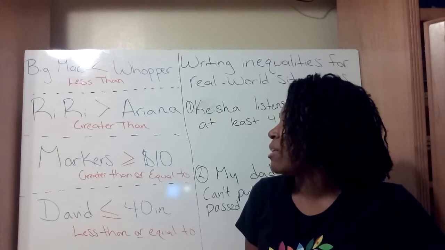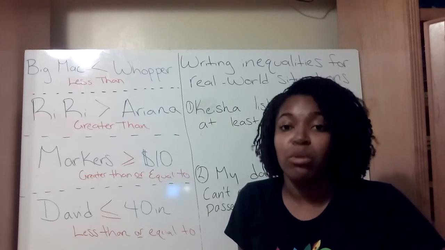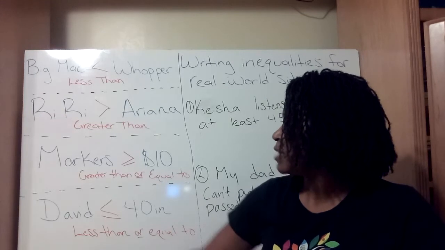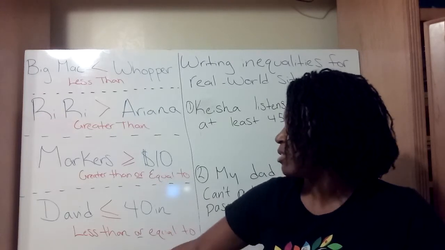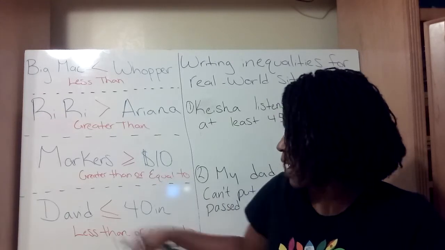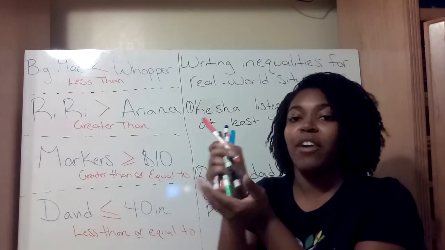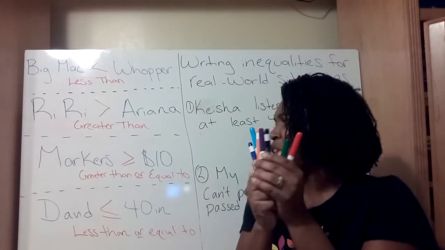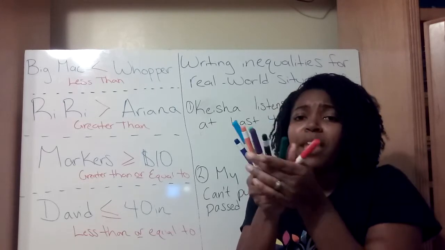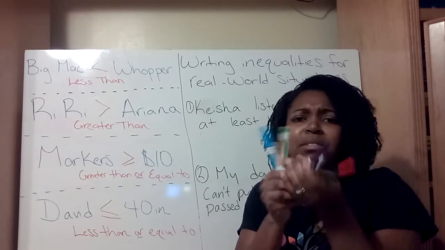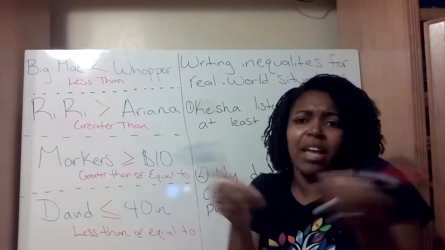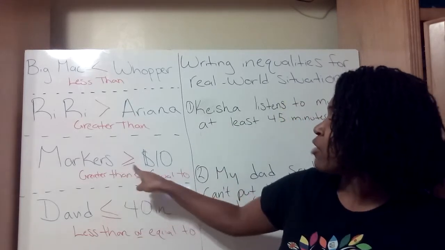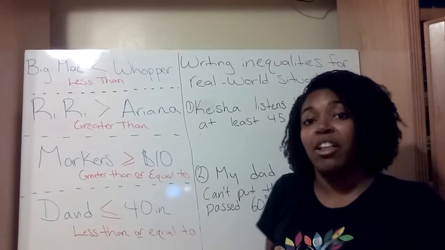And now we're going to talk about some of the greater than or equal tos, or less than or equal tos. So this pack of whiteboard markers that I have, let me grab a handful, all right? If somebody said, how much do these cost? I'm going to say, oh, they were at least 10 bucks, a little more, at least 10 bucks. So I can say that my markers are greater than or equal to $10, okay?